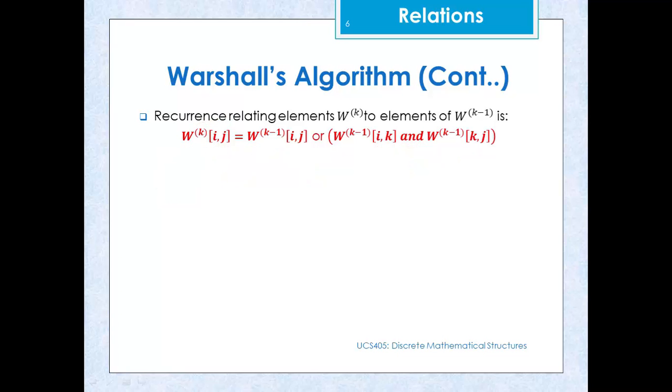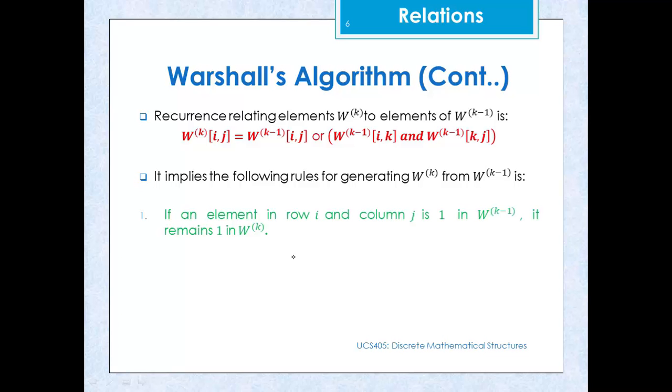In this way we can define the rules that we have already discussed previously.